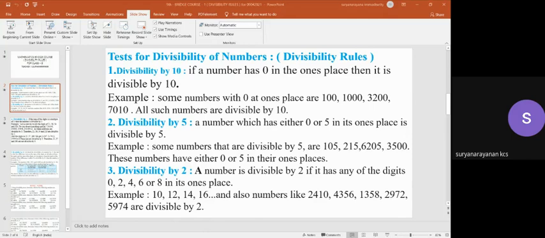Now I will ask you some numbers. Trinson, tell me your turn. Take the number 723. Is this number divisible by 10 or not?